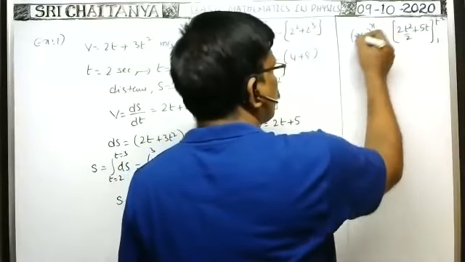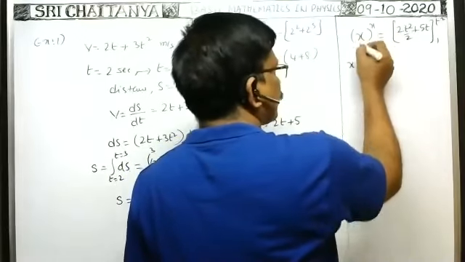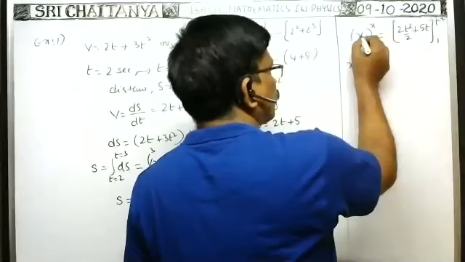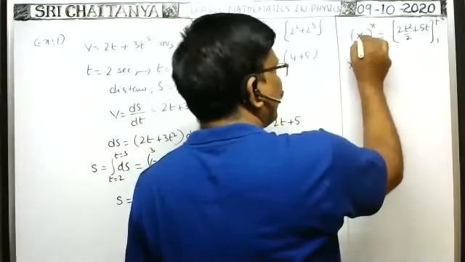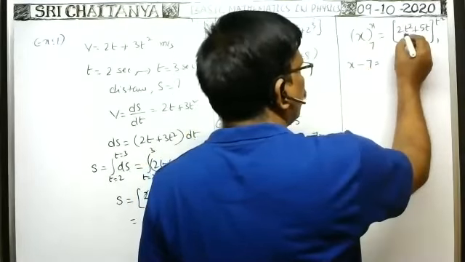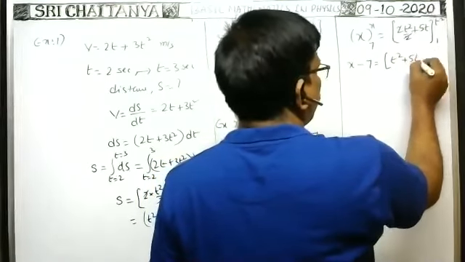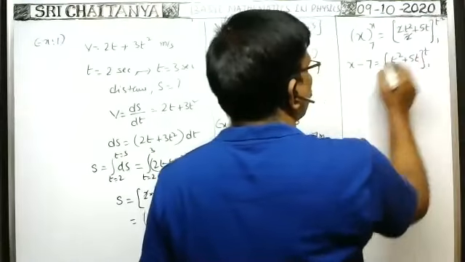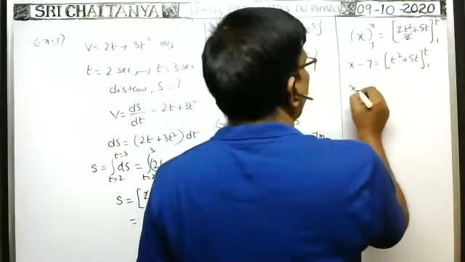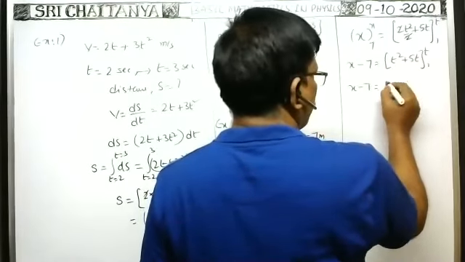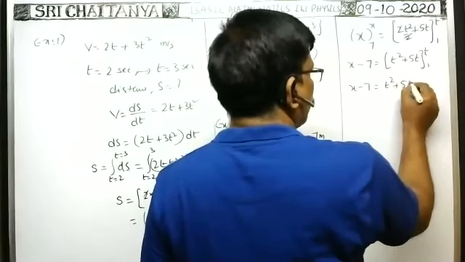So therefore first you substitute the upper limit, instead of x you write x, before substituting the lower limit you put 7, minus. Here the 2 cancels: integral t square plus 5t, limits 1 to t. So x minus 7 is equal to, first upper limit you substitute, t square plus 5 into t.